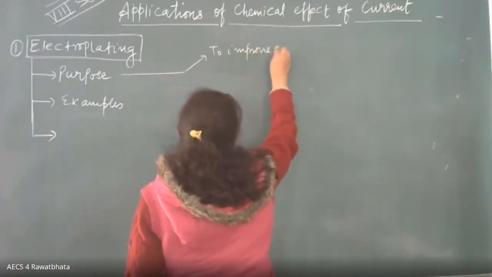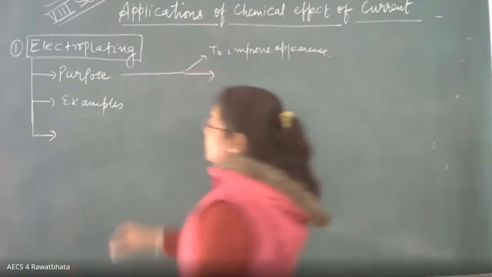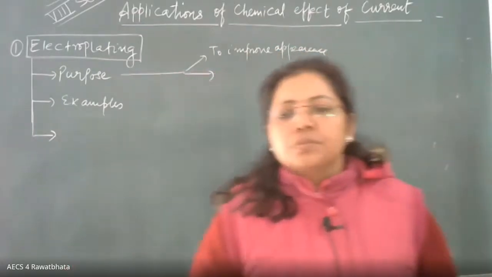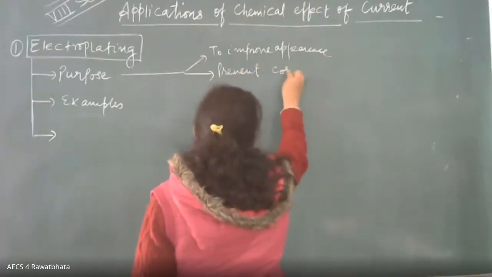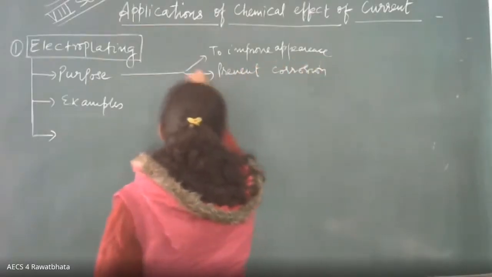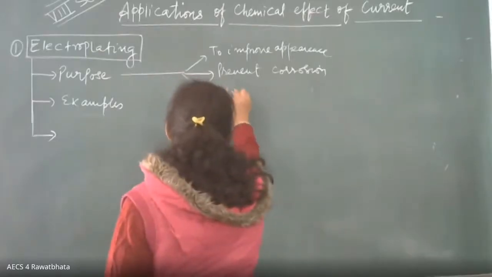Very good. Then what is the next? Yukta, tell. To prevent rusting or corrosion. To prevent corrosion. That is the second purpose. Okay. Next purpose. Yes, Lakshita, tell. To improve conductivity. Okay. To improve conductivity.